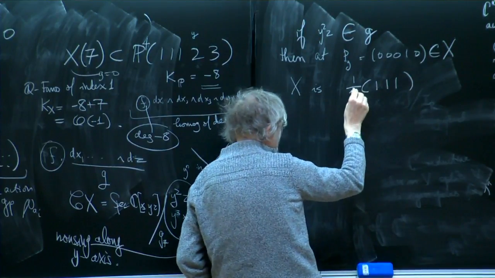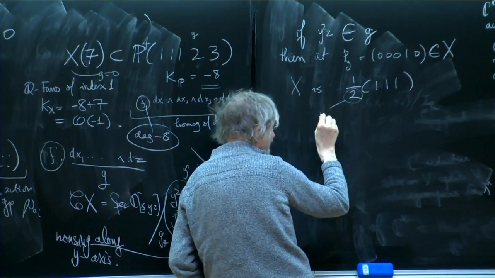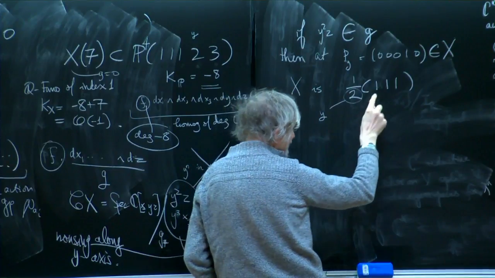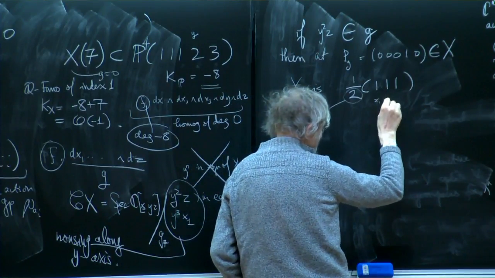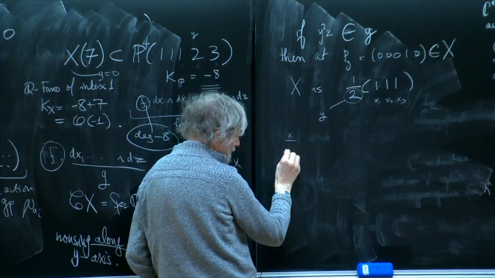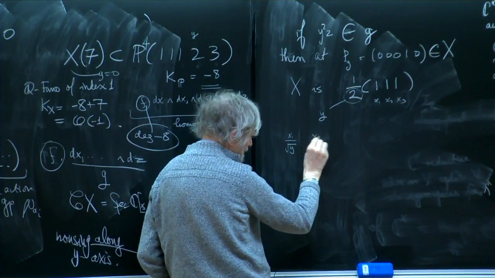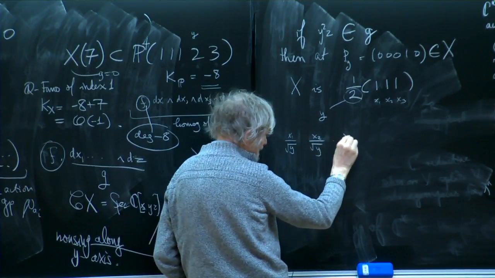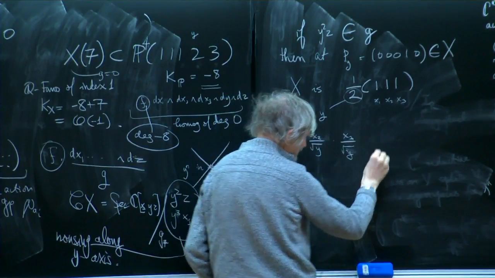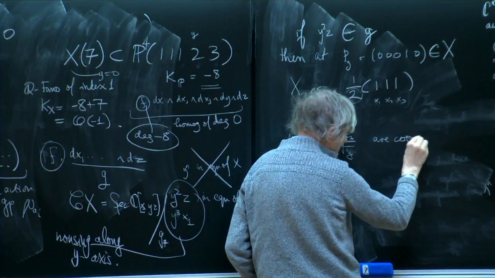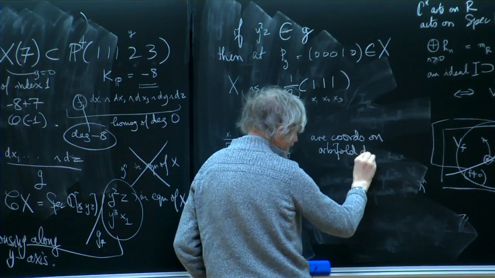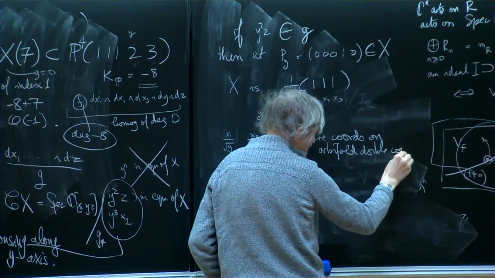The thing appearing here is the square of this procedure: I have to take the square root of y, and these are x1, x2, x3. So x1 over square root of y, x2 over square root of y, x3 over square root of y. These are coordinates on the orbifold double cover of X.